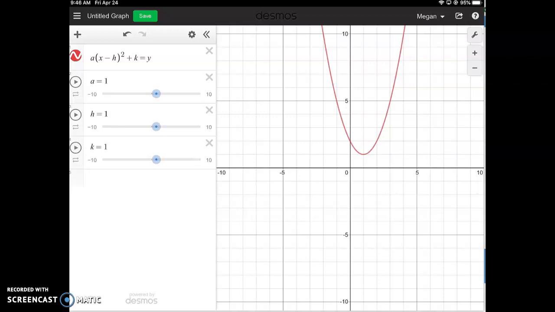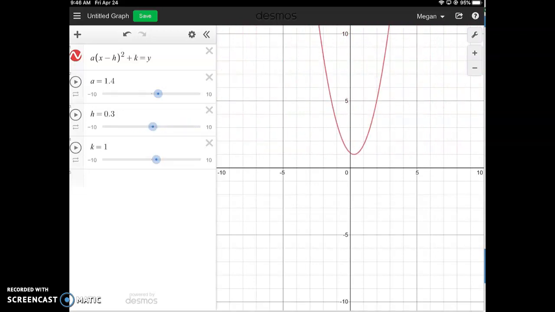Now, we're going to play with our sliders. What you're going to have to do is tell me what the three sliders do. So slider A does what? It does two different things. Slider H does what? You have to tell me what slider H does.